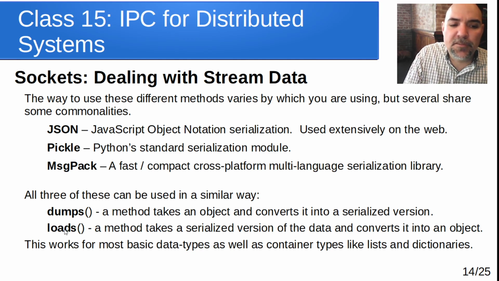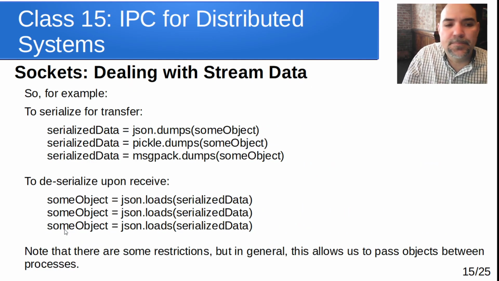So you could use any of these. You could take a list of tuples for bullet positions and do, for example, JSON.dumps, pass that bullet list of tuples into that, and it will serialize that. And then on the other end, you can deserialize that, put it into this list, and now you have that list on the other end.